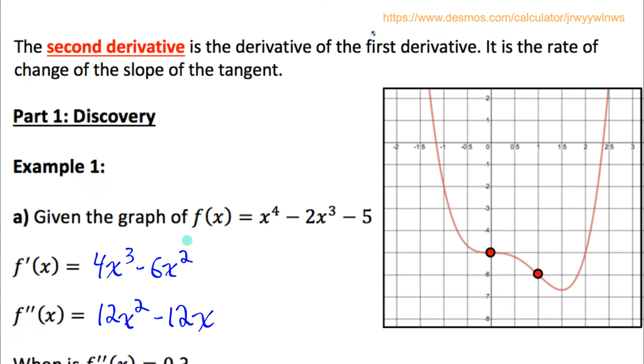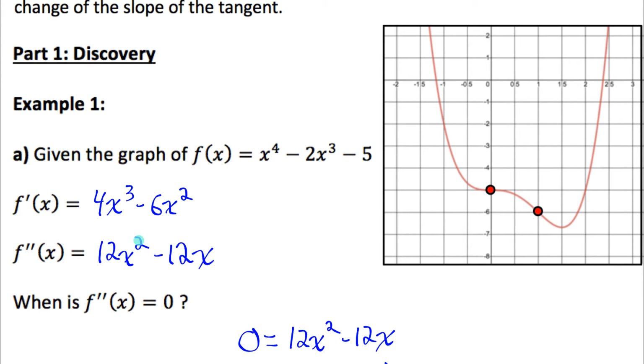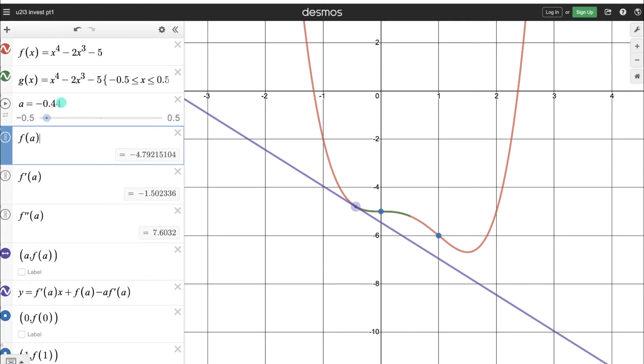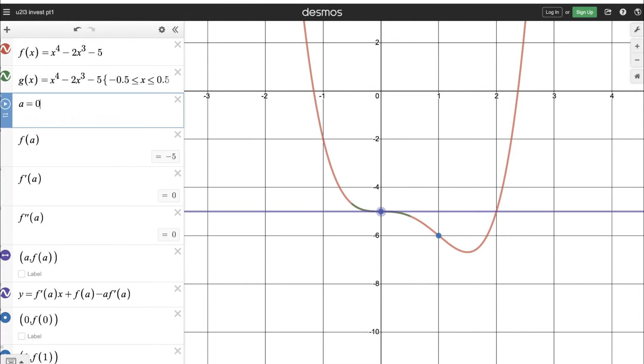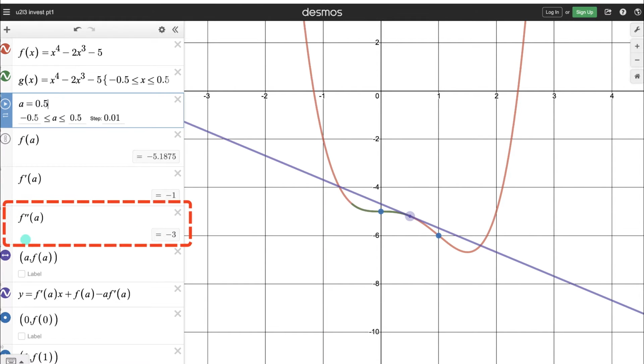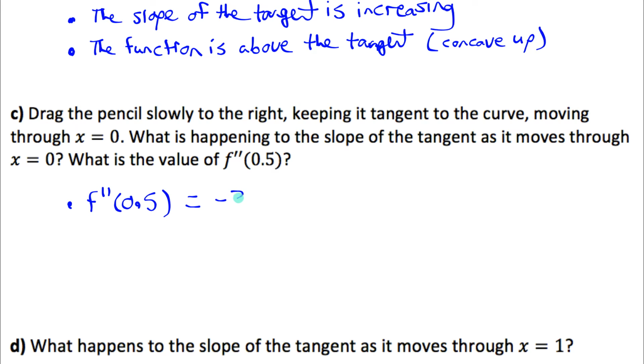If we plug 0.5 into the equation of the second derivative, let's ask Desmos what we would get. Second derivative would be -3. Okay, it's negative this time. So notice our second derivative at that point is negative. And we'll talk about why in just a second as well.